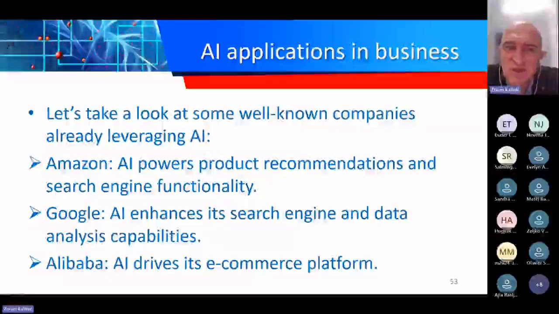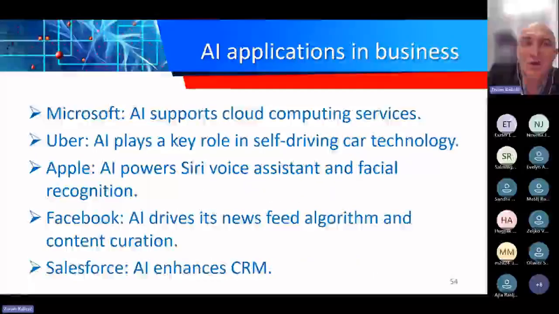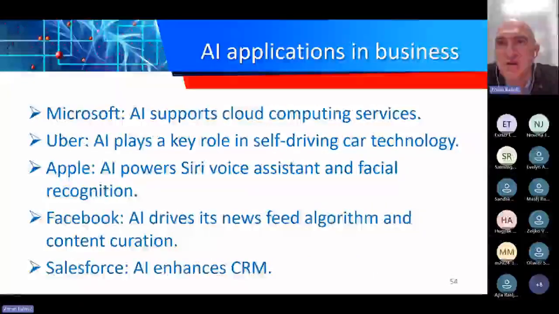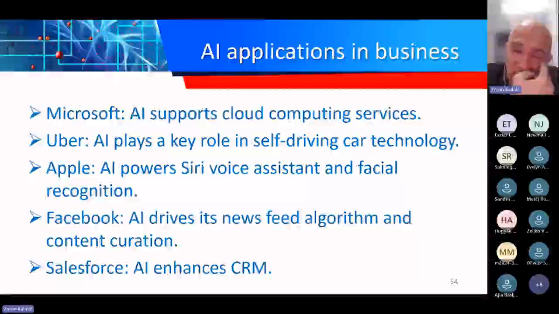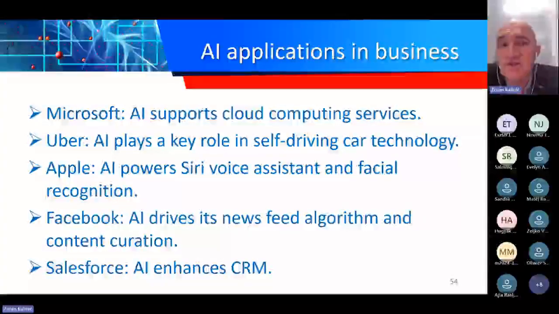Alibaba and other digital retailers are using again different recommenders for their customers for products. Uber, Apple is using, for example, facial recognition and the voice assistant, as we discussed. Facebook, for example, based on the analysis of your friends and what you were reading earlier, suggests news to your page, and many other companies are included.